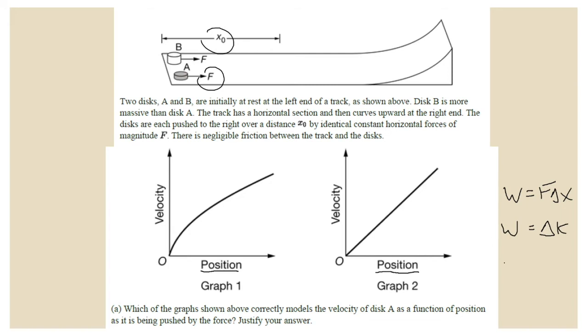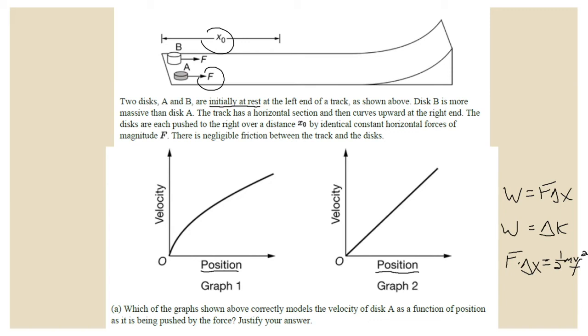And so the work here, the force times the displacement, is going to be equal to the change in kinetic energy, which, since they say the disk is initially at rest, is just going to be equal to the final kinetic energy. Now, this equation is actually going to prove itself to be very important, because it gives us a nice relationship between everything we said about forces and everything that we could say about energy.